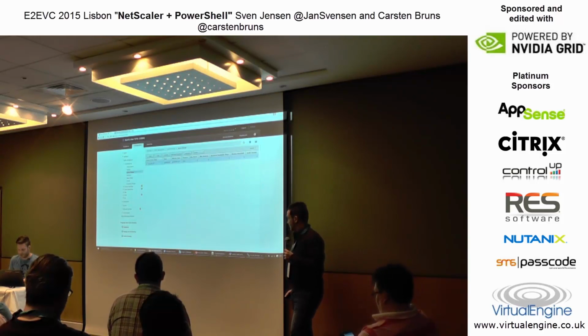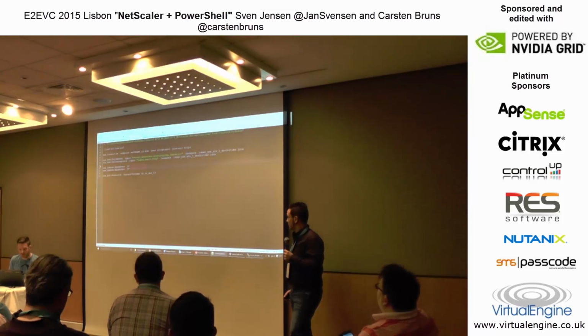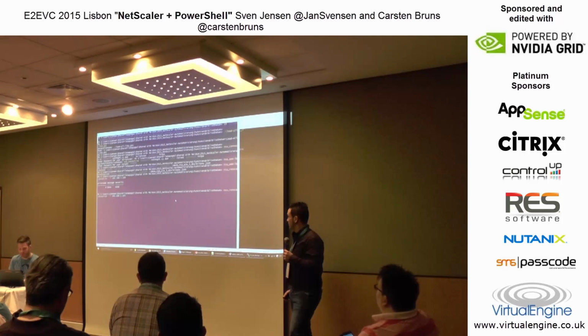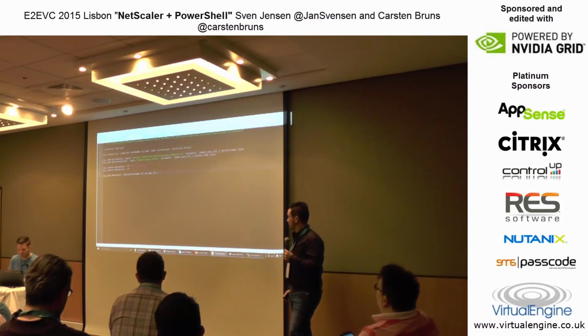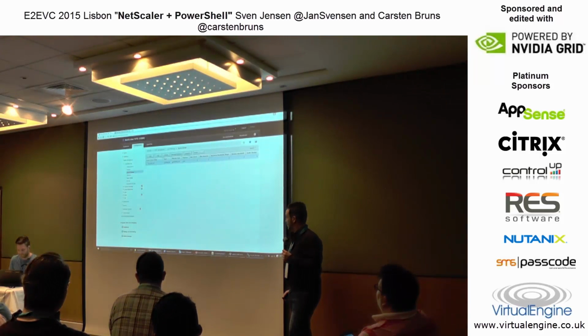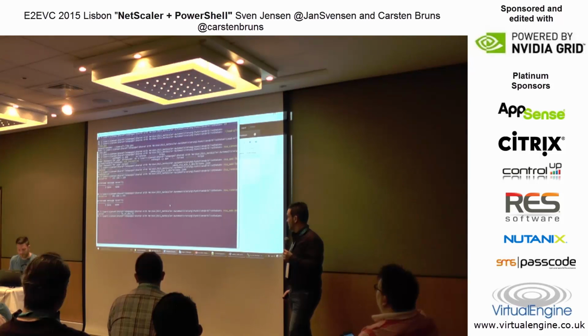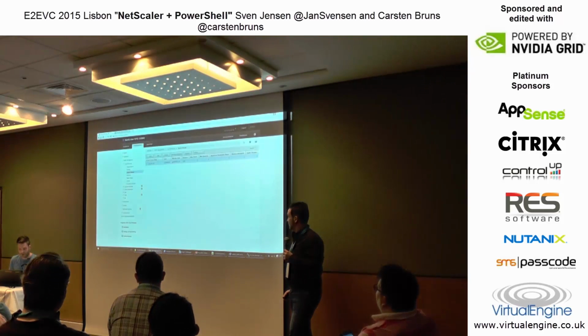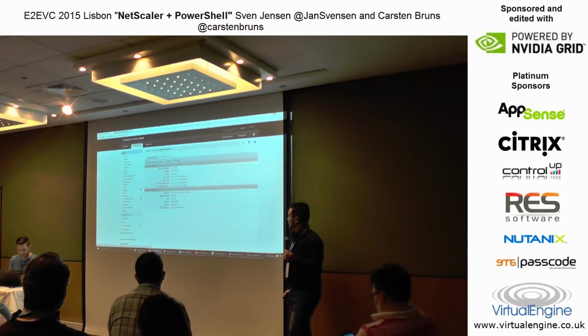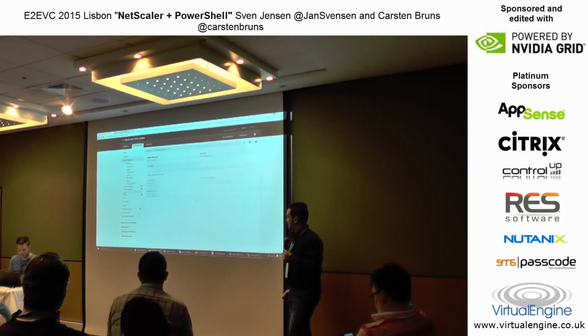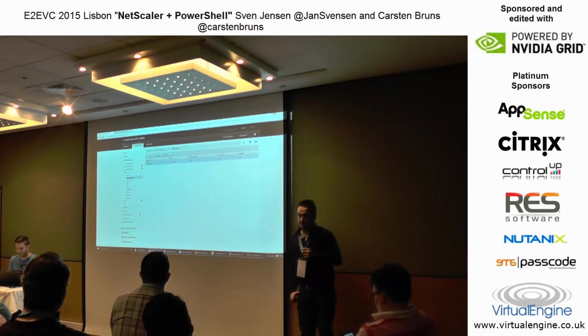And the last thing to do is remove the DNS service we installed initially and add our just created load balancing vServer as DNS server. There we go. And we go back to the GUI. We can see that the name servers are the load balancing vServer and it's up and running.